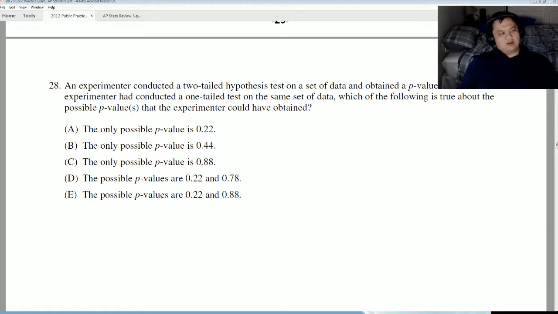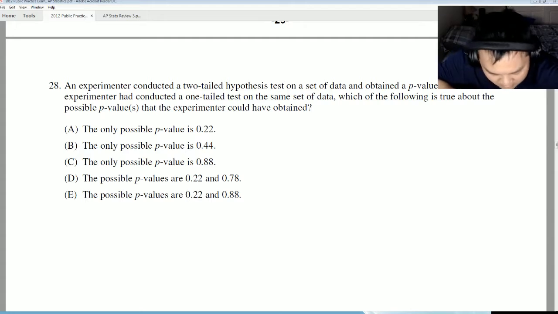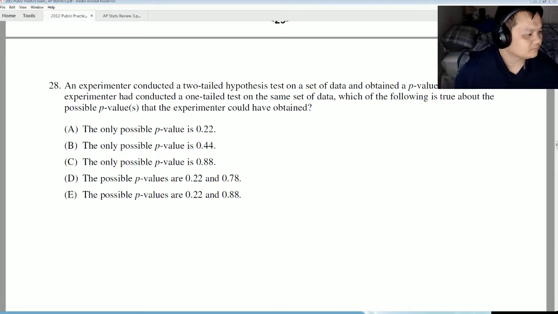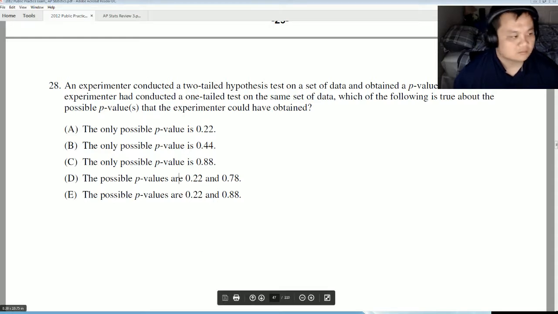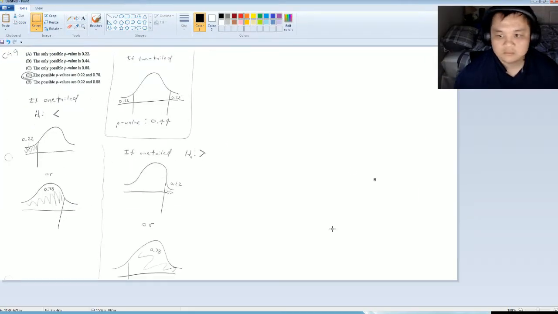I have a good picture to show you if you want to see it.